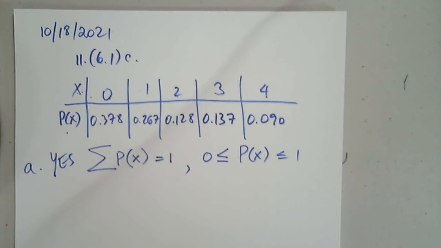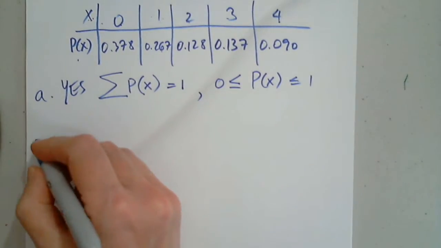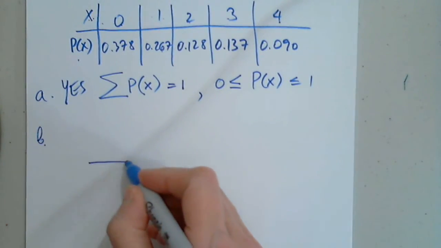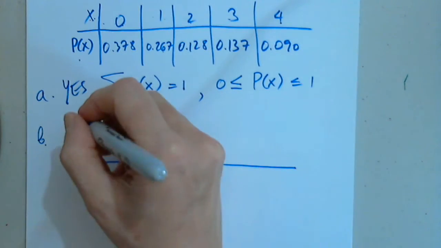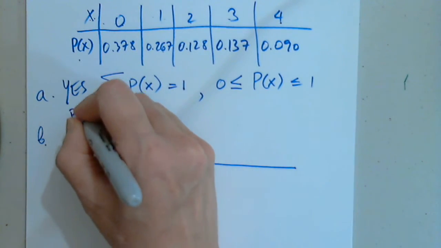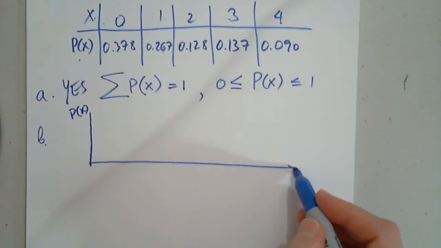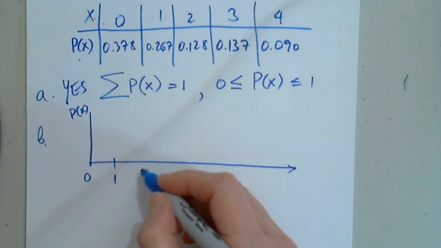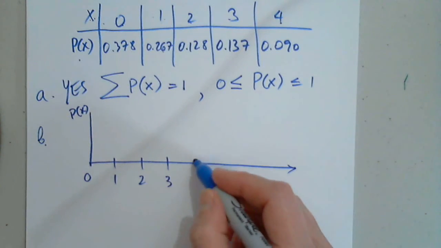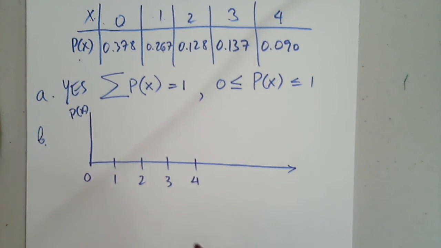Okay. Graph the discrete probability distribution and choose the correct graph below. Okay. So let's graph this first. In part B, I have here probability or percent. I have here the values of the random variable: 0, 1, 2, 3, and 4.